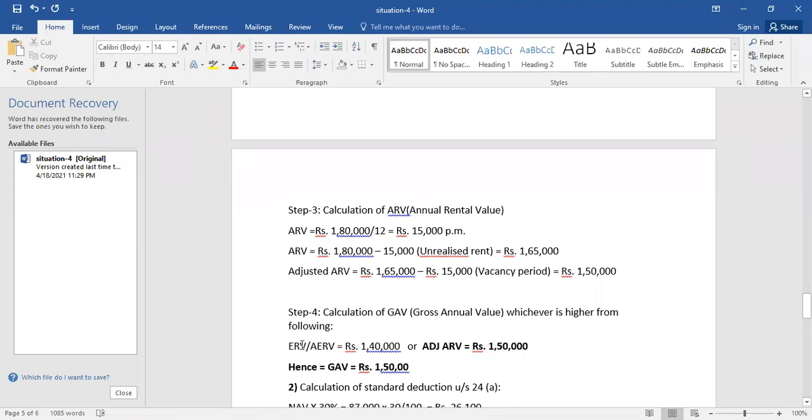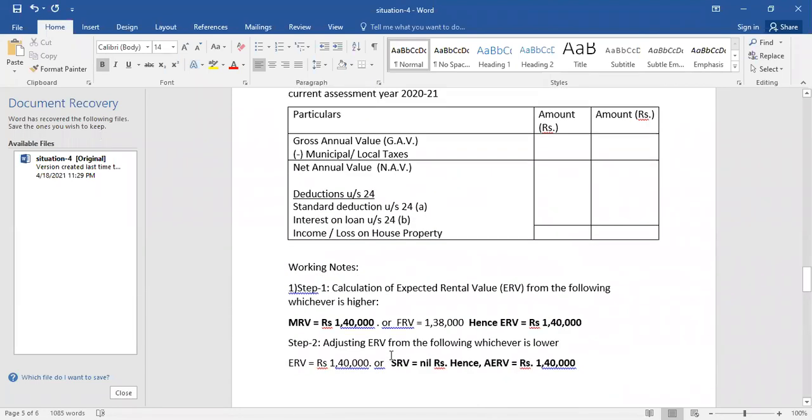When ARV is more than ERV, GAV is going to take whichever is higher. Suppose this 1,50,000 becomes 1,30,000, then GAV is going to become 1,30,000, but not 1,40,000. So this point you have to remember very clearly.